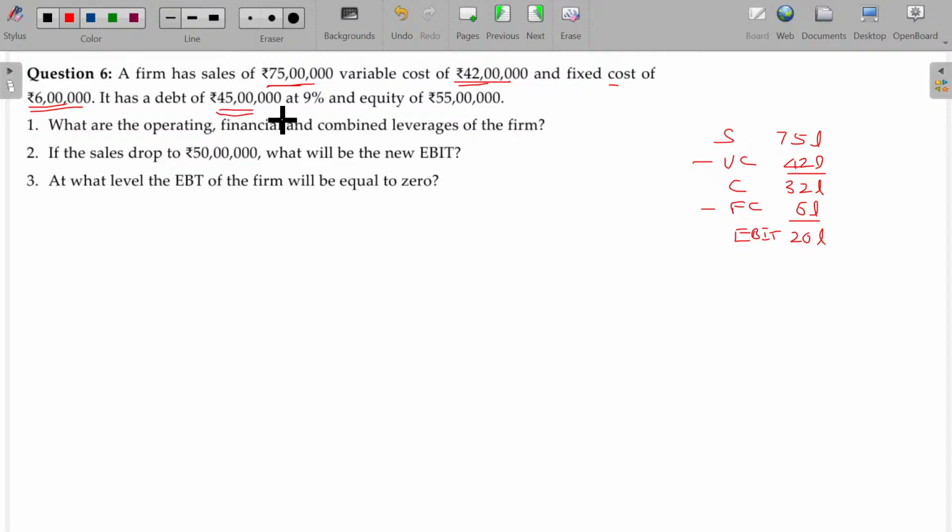It has a debt of 45 lakhs and carrying 9% rate of interest. Come on, find out the 9% on 45 lakhs. 33, 27. Minus interest 4 lakhs 5,000. 22.95 lakhs is the EBT.